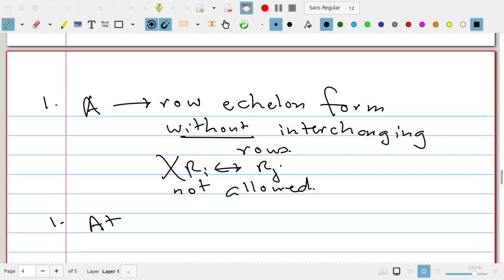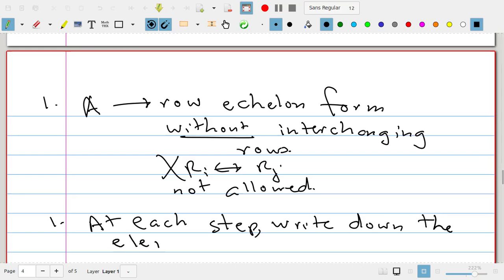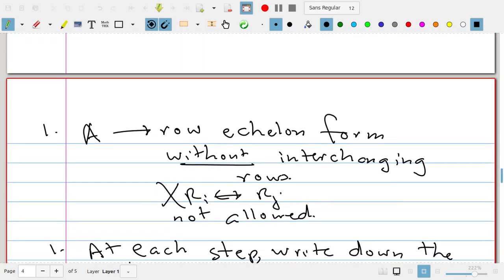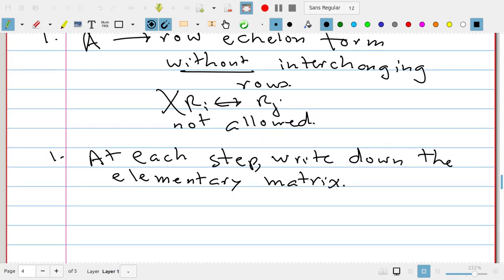And then at each step, you write down the elementary matrix, because you'll be doing elementary row operations, and for each step you will need an elementary matrix.